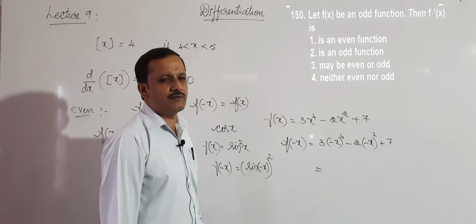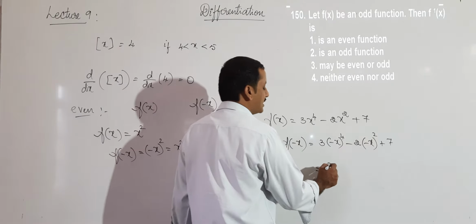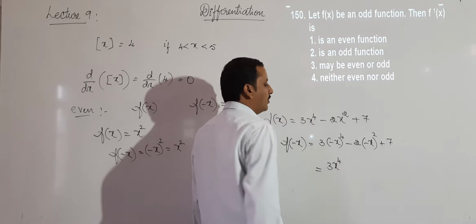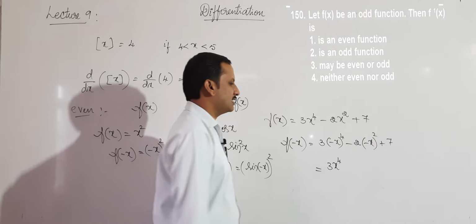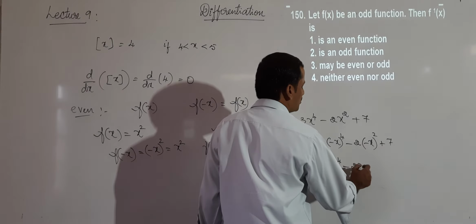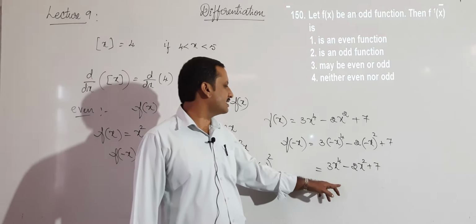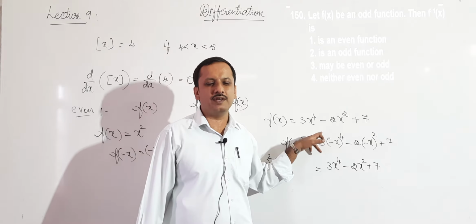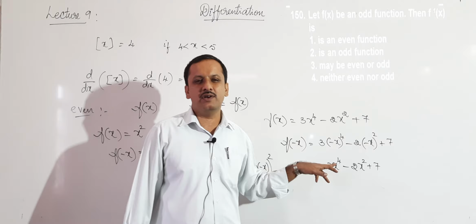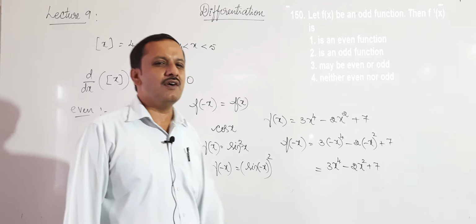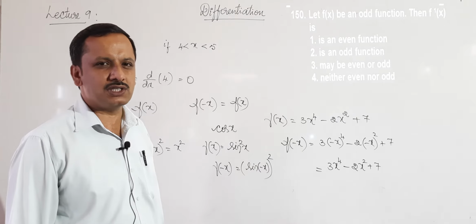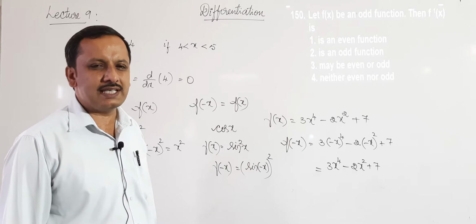Minus x whole power 4 is equal to x power 4 itself. So you get 3x power 4 minus x whole square is x square, which means minus 2x square plus 7. This is f of minus x, which is equal to f of x. F of minus x is equal to f of x. Hence, f of x is an even function. Is it clear now? What is an even function?